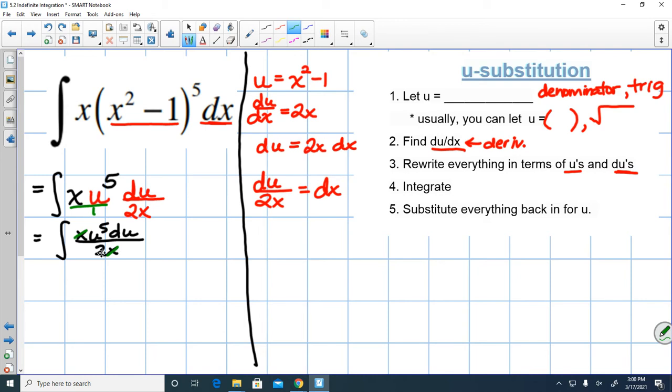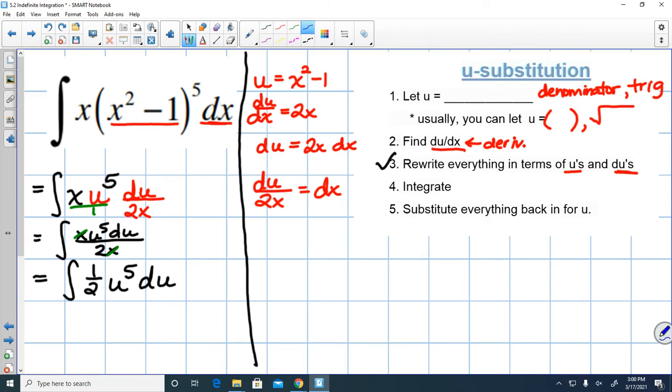And this over 2 is the same as having 1/2. So I really have the integral of 1/2 u to the 5th du. Now I can say that I've rewritten everything in terms of u's and du's because there are only u's and du's left in the problem. There are no other variables. Now I can do step 4.